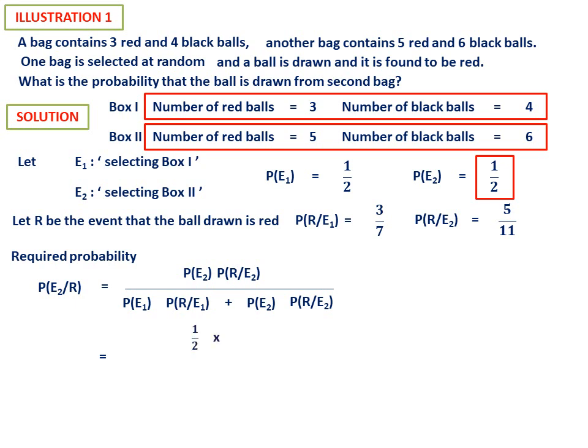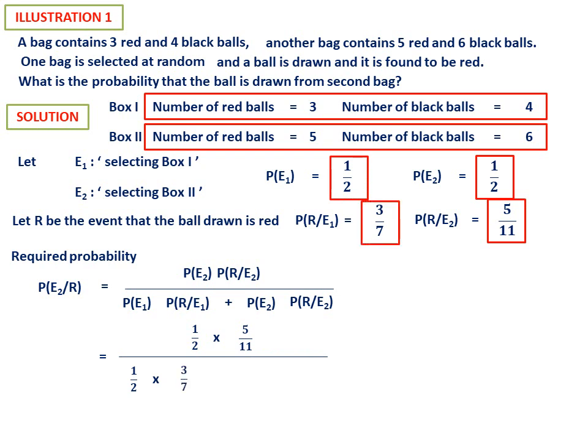First one, probability E2, that is 1 by 2, into probability R given E2, which is 5 by 11, divided by probability E1, 1 by 2, into probability R given E1, 3 by 7, plus probability E2, 1 by 2, into 5 by 11, same thing. Therefore simplify this, you get 35 by 68. So this is the answer.